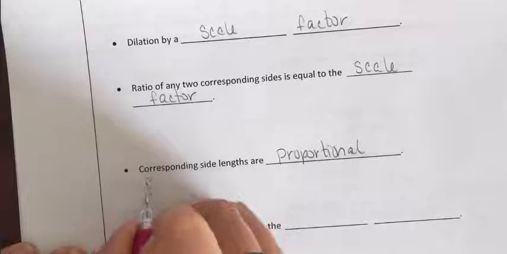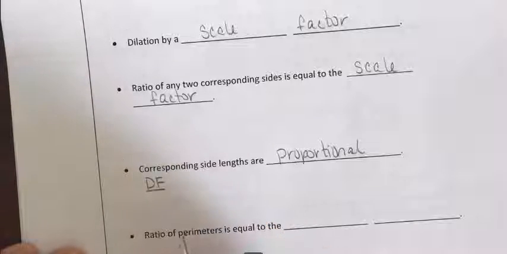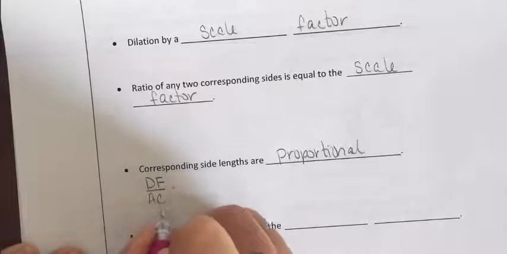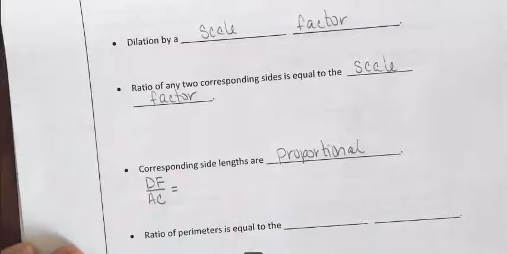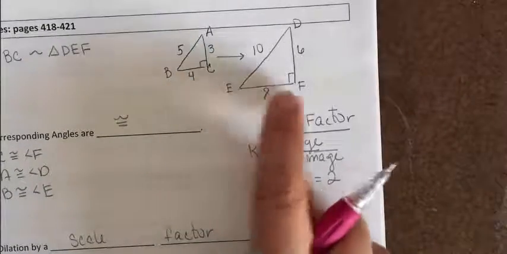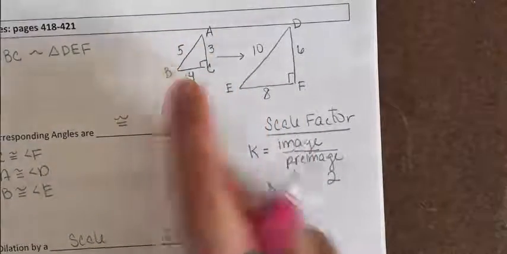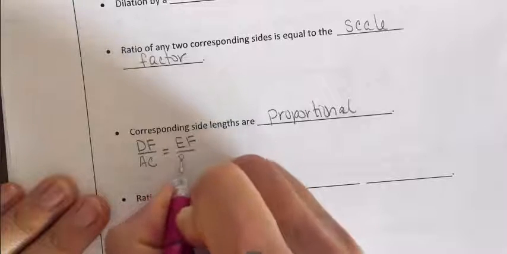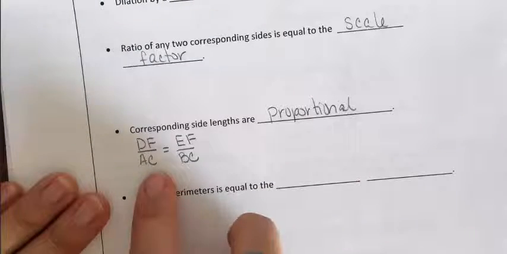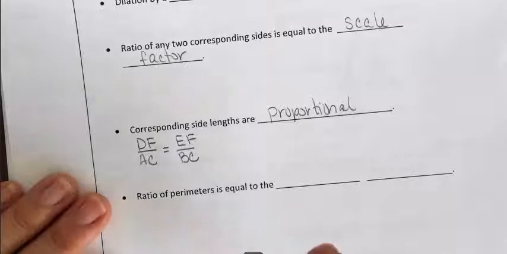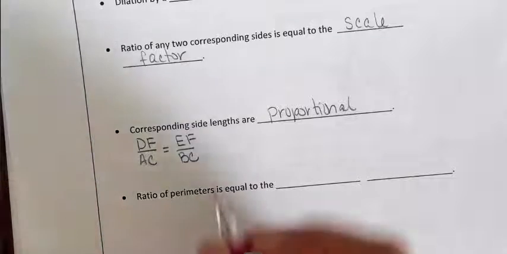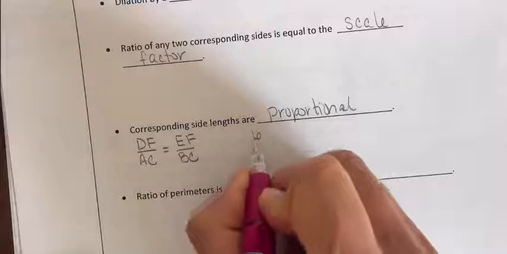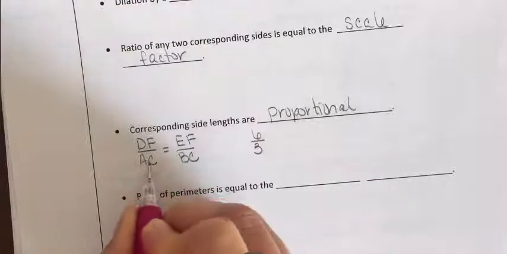So if I take DF and put it over the length of AC, and then I can set that equal to any other ratio of corresponding sides. So maybe I'll go with EF and BC. Basically, both of these are going to give me the exact same scale factor. So I can say, well, this is the same thing as 6 over 3, because DF was 6, AC was 3.